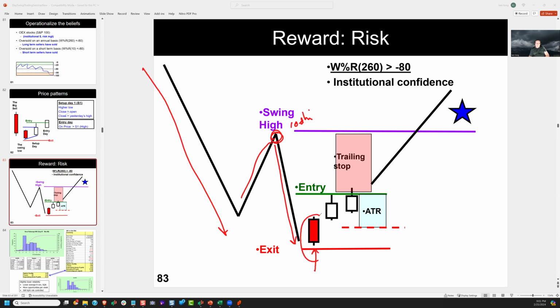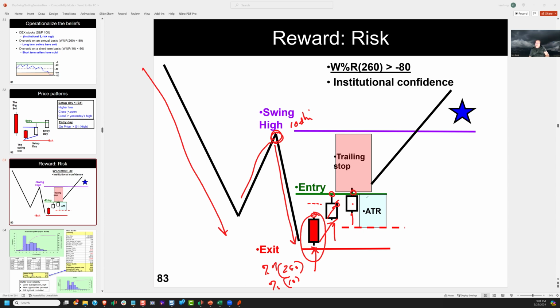And that was the filter day that was on the 260, it was oversold, and on the 10-day, it was oversold. And then here was the setup day. Higher low. This close was higher than that day's high, and it was a white candle. That makes this an entry day, and it broke out above the high of the setup day.